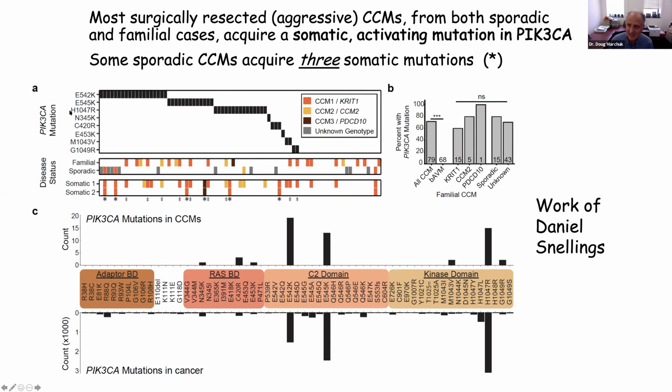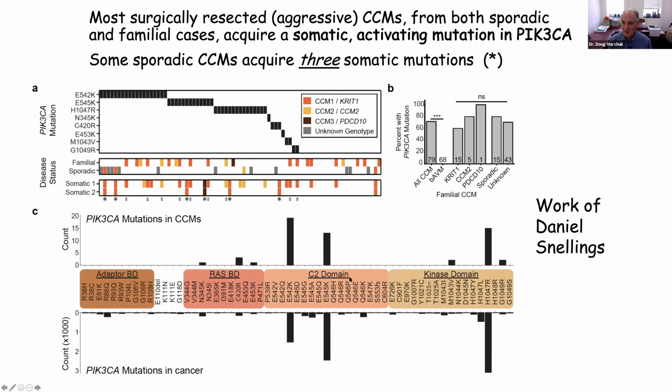Mark had mentioned that he made a mouse with this particular mutation called H1047R, but we found that mutation in some of the CCMs. And we won't get into this, but the key point here was that if you look at all the mutations for PI3 kinase in cancer from a database called the Cosmic Database, the catalog of somatic mutations in cancer, this bar graph shows that the longer the bar, the more common that mutation.